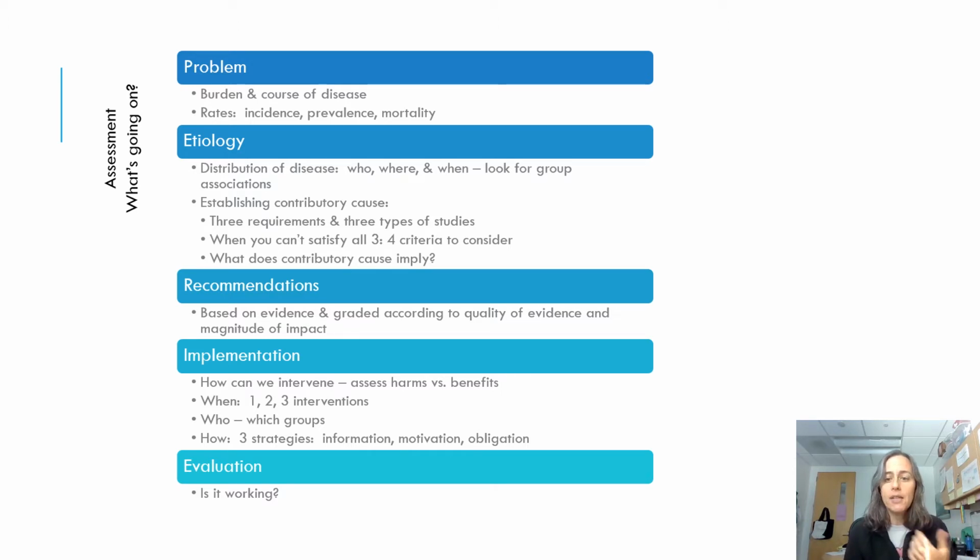You might recall that etiology is determining the cause, looking for those group associations via examining the distribution of disease, and then the different types of studies to demonstrate causation, that something is likely a contributory cause. And then we're going to figure out what to do about it, right? So that's both recommendations and implementation. What do we think would work and how can we do it? And then, of course, assessment would be the evaluation piece.